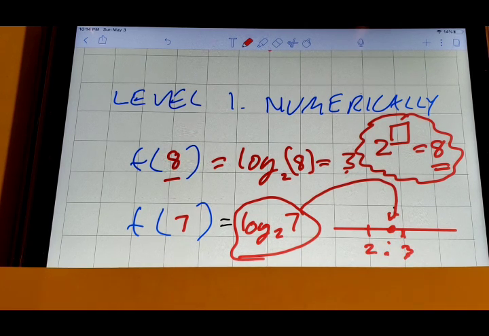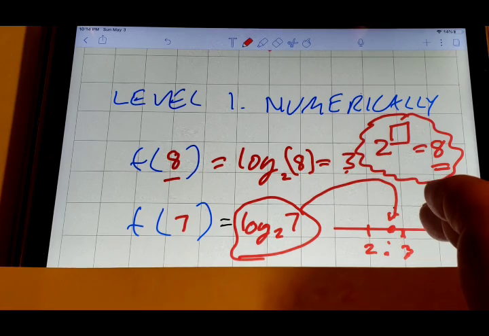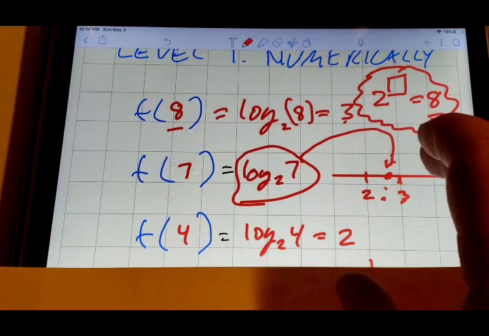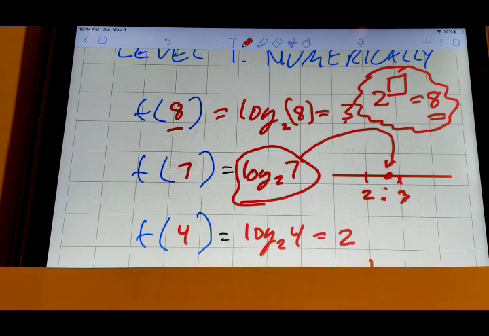But sometimes the best way to talk about an answer is just with the function, with the notation. In other words, if I want to talk about that point exactly, I don't mean a point next to it or close to it. I have to say log base 2 of 7. That's really the only way to talk about that point.